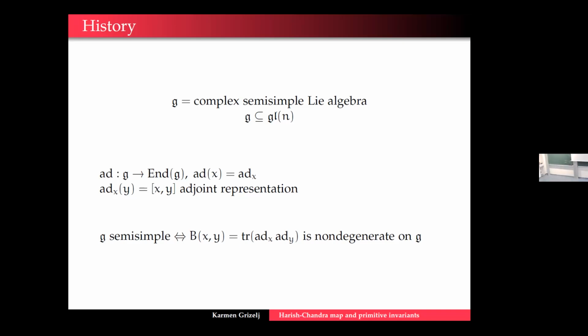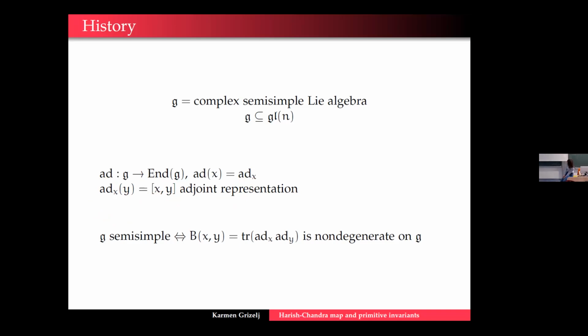Now, once you have a Lie bracket, using it, you can define something called the adjoint representation. You just send any element X to a mapping, which is just applying the Lie bracket on elements.